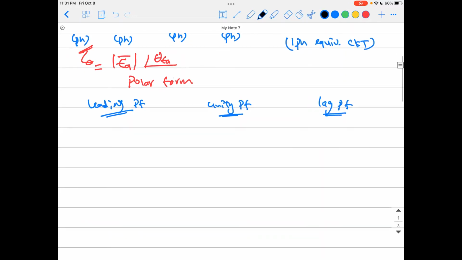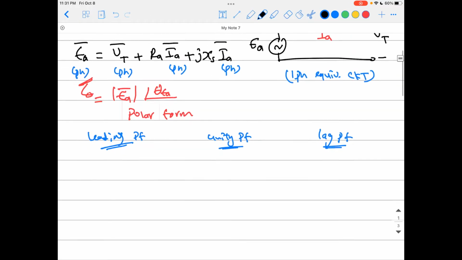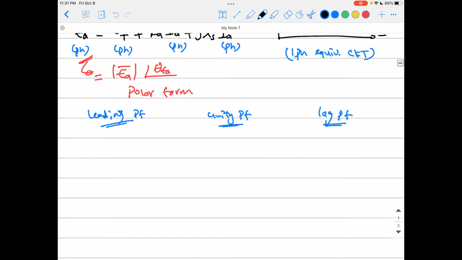For the lagging power factor, we always assume that the terminal voltage is our reference, so it has an angle of 0. Because it's a lagging power factor, IA goes down like this, so the angle is negative, which is the angle theta between the terminal voltage and the armature current.